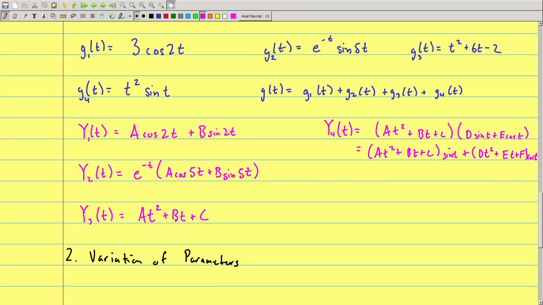The other thing to keep in mind is that if you get into a situation where you're asked to solve a problem where you have three different functions added together, the way this works, because we are talking about linear differential equations, is that each of those problems can be solved separately. I can find the particular solution for G1, then for G2, and then for G3, and my answer for the particular solution for the entire differential equation is just the sum of those three answers.